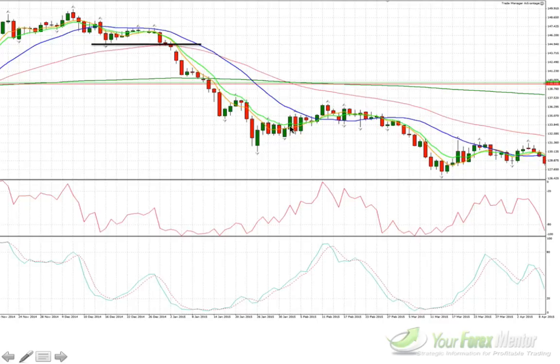Over 1,200 pips, you're talking about for every one lot that you had trading on this, that's $12,000. So that's a nice move to the downside, all right? That's what is considered a breakdown there. The market breaks down below a level and it continues down very rapidly, all right?